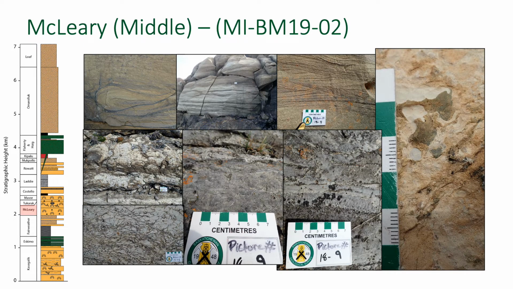So the middle McCleary is defined by up to 5 sandstone to sandy doloarenite cycles. The member contains abundant stone rosettes, just like the lower member did, as well as numerous pisolitic greenstone units, which are visible here in that rightmost image. You can see a little pisolite.